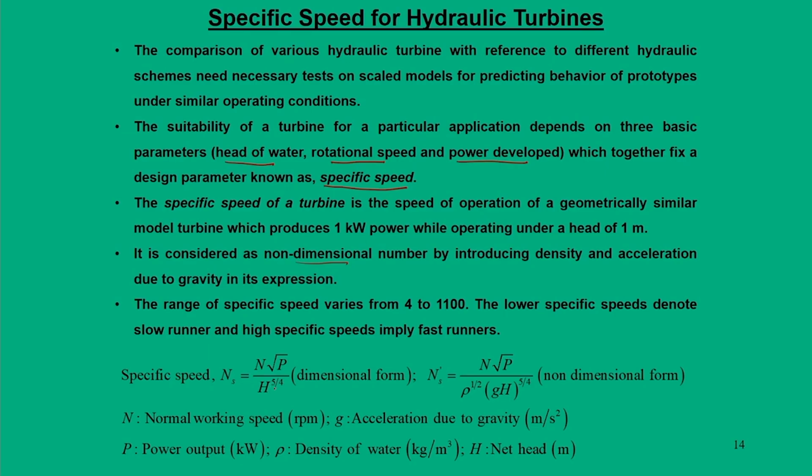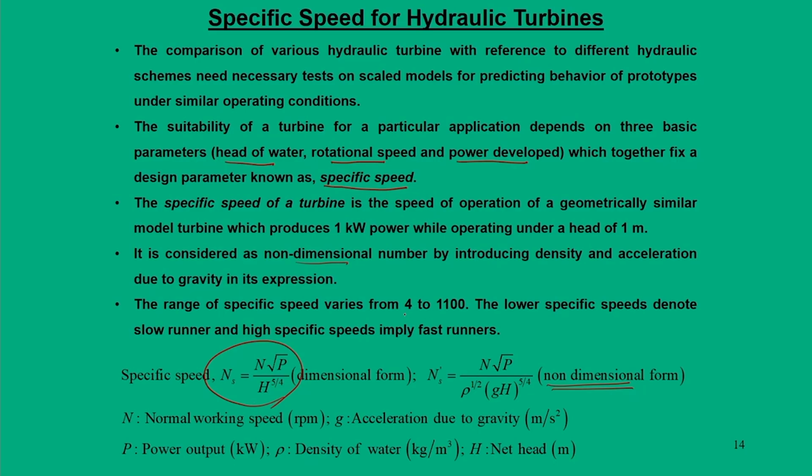To make it unitless, we multiply by rho to the power half into (g H) to the power 5 by 4. This is another way of expression, but at the end of our analysis it is just a matter of scaling, and we will mostly prefer this expression, that is specific speed defined by Ns is equal to N square root of P divided by H to the power 5 by 4, and we will intentionally not write the units.